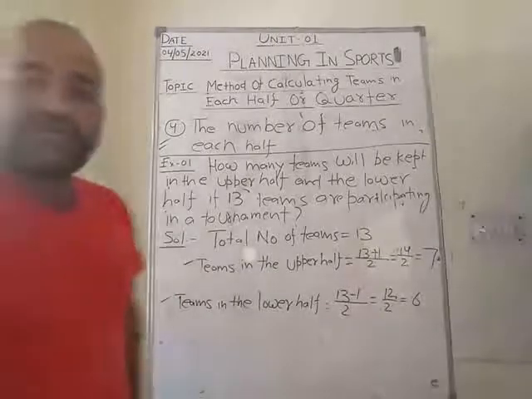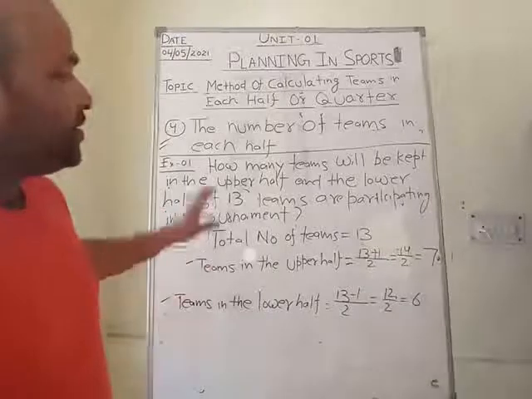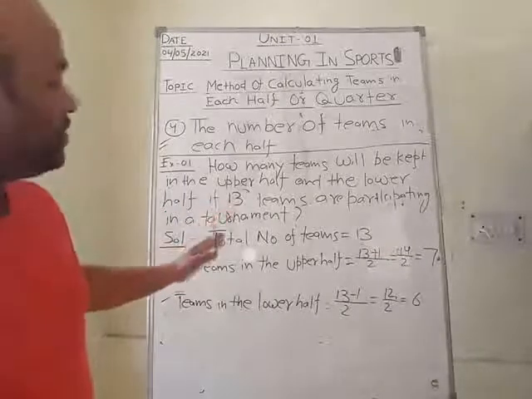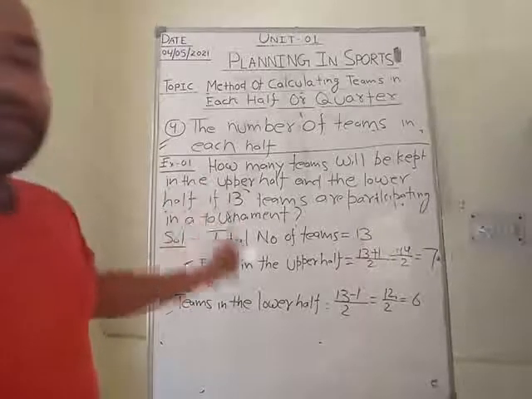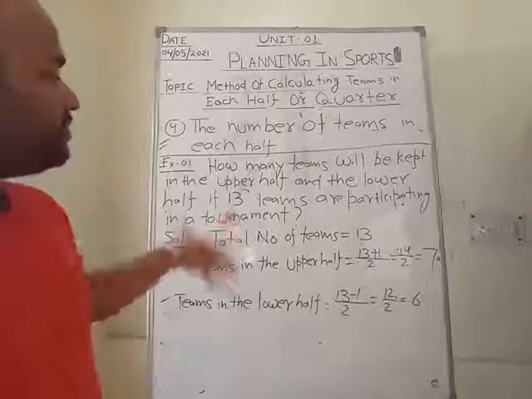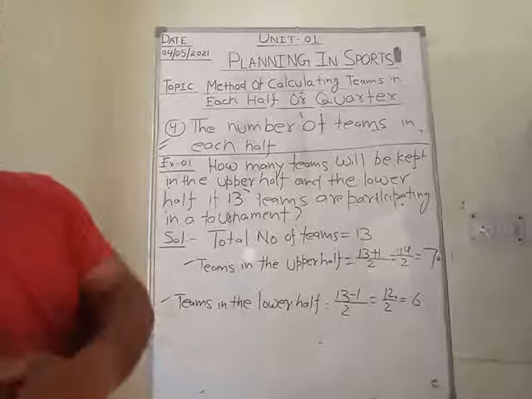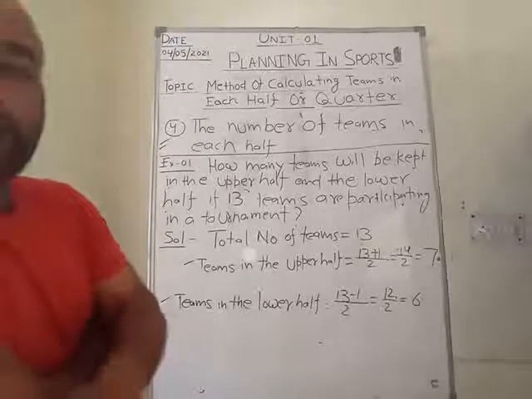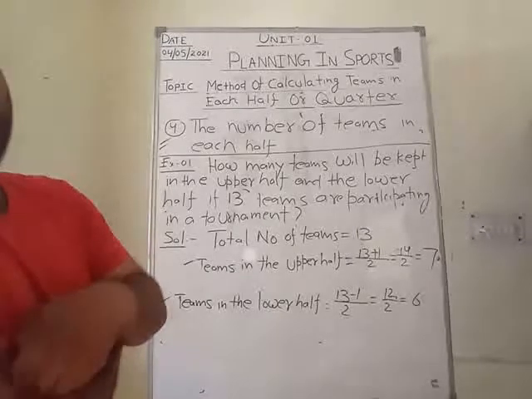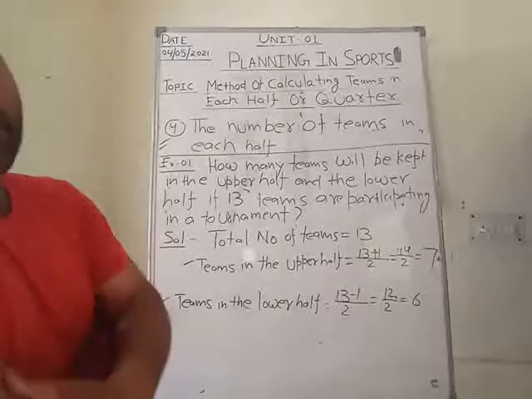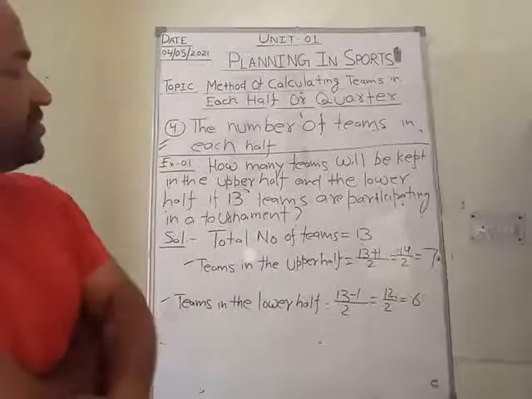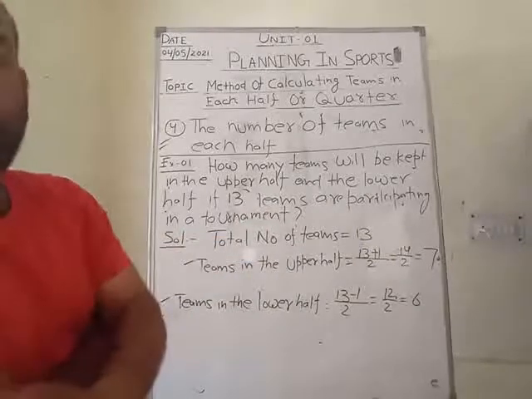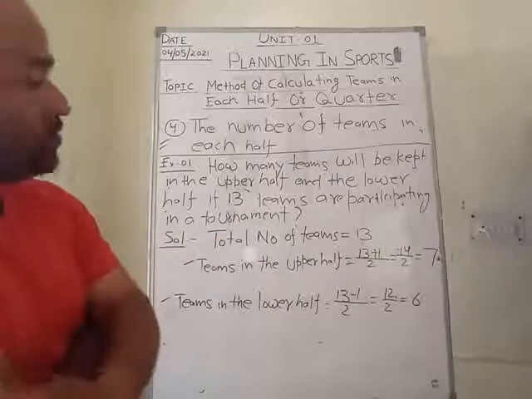Okay, do you understand, students? I gave you two examples, 11 teams and 13 teams. Previously there were factors of two, so they were easily divided into upper half and lower half, and here there are no factors of two.